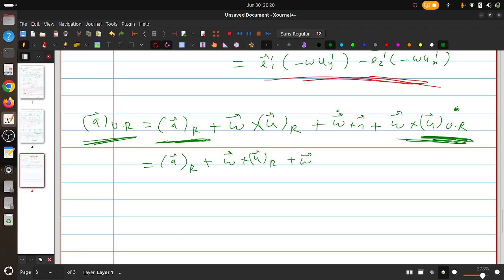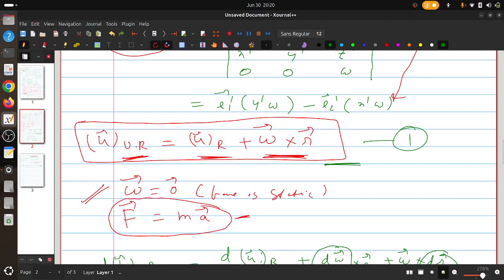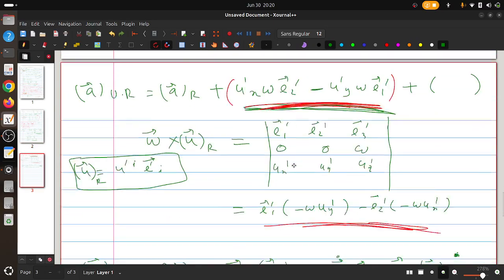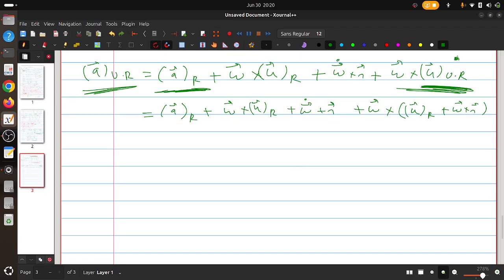We have it is not a very difficult task because we already have the expression from this red equation. So it will be ur plus omega cross r. So it is not that difficult. So it is a r plus omega.